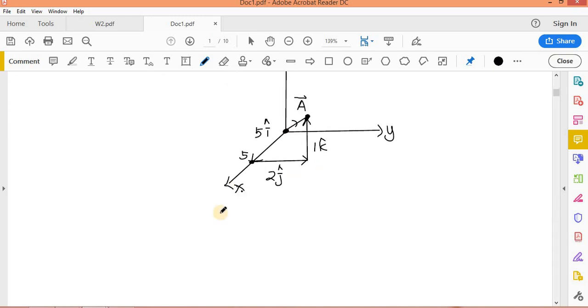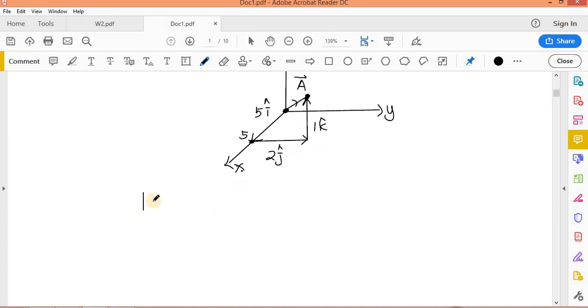Okay, so the symbol to find the magnitude of A is this. This is the symbol to find the magnitude.